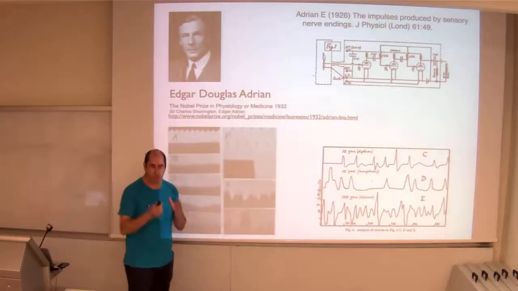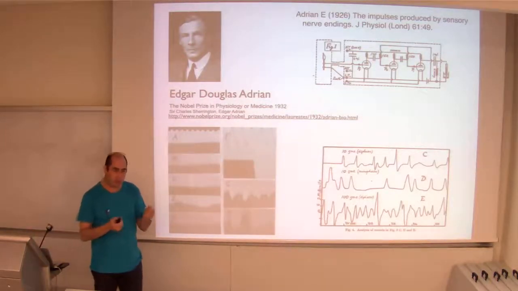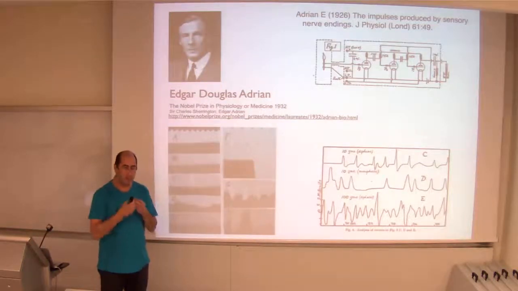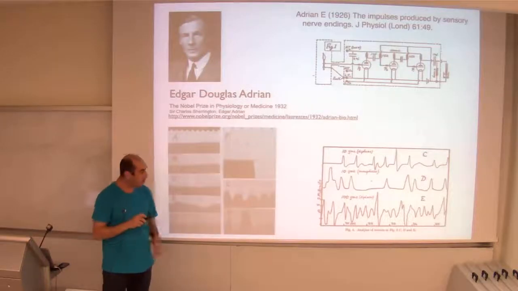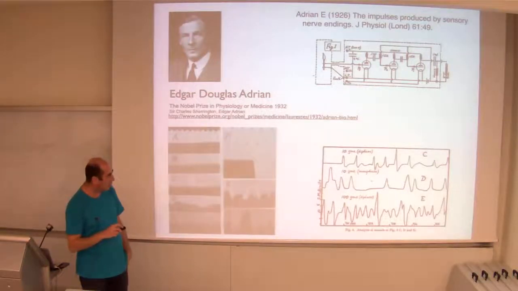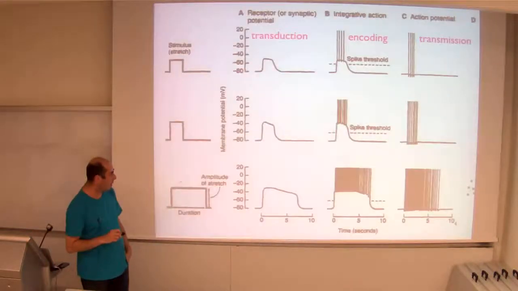It's a bundle of axons, and what he was recording is probably something similar to this A alpha fast-conducting axon. But nevertheless, he understood, first of all, that the information is traveling in an all or none fashion, and secondly, that the frequency is related to the amplitude that he would apply on the nerve.